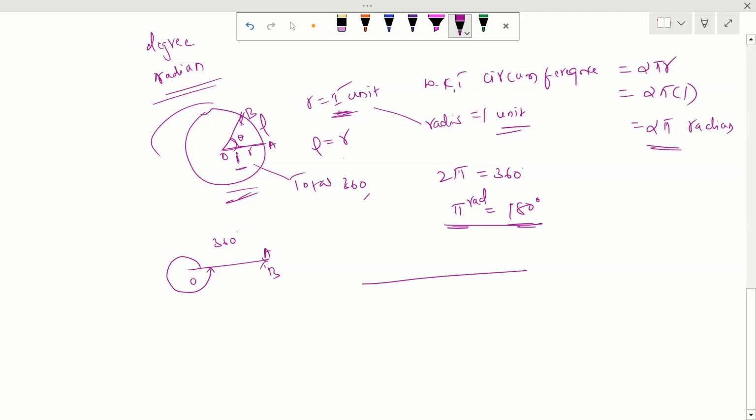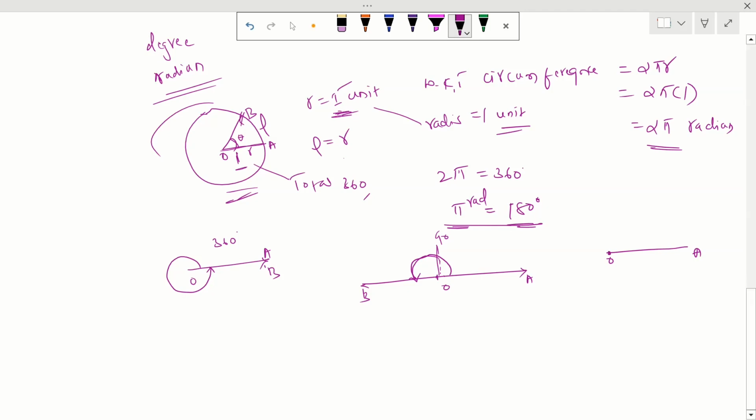Suppose if we measure 180 degree from here, then it is OA, and 180 degree will be here, because it is 90 and it is 180 degree. Then this point is B. Okay, suppose if we measure 270 degree we will get this, O.